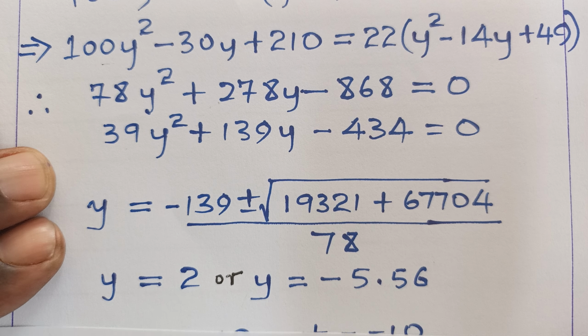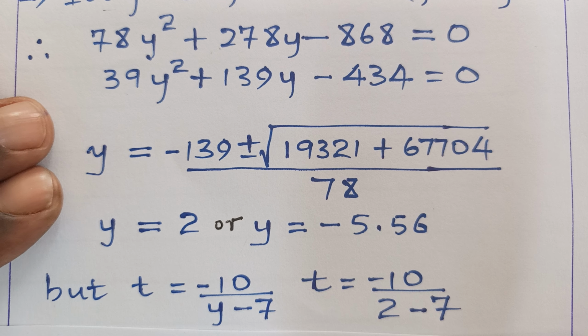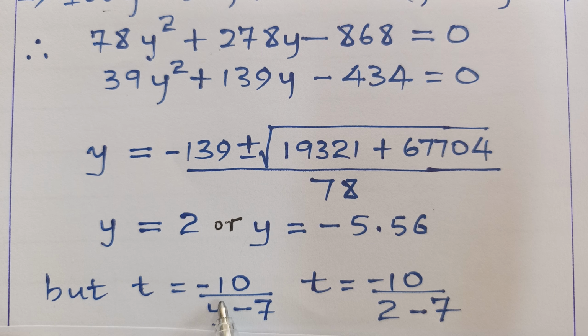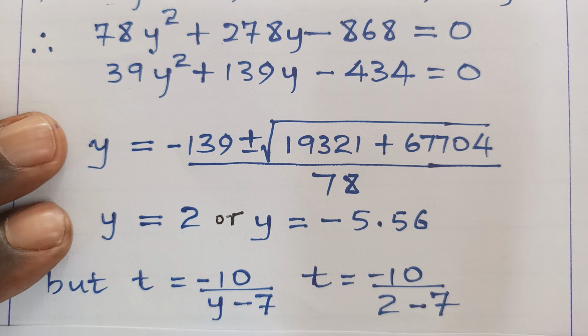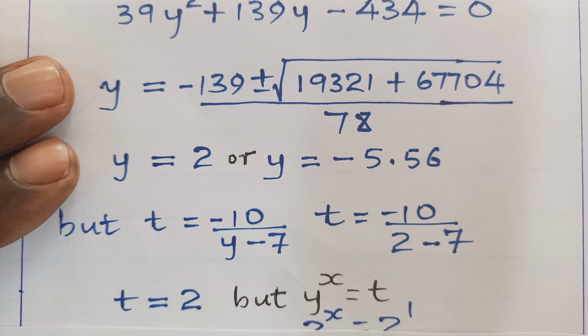Using y equals 2, guys, we go back to our equation where we had said that t equals negative 10 all over y minus 7. Now we can replace y, which is now 2. So when we replace that, we have negative 10 all over negative 5, and that one gives us 2. And therefore t equals 2.